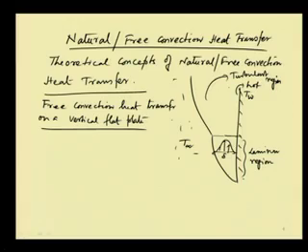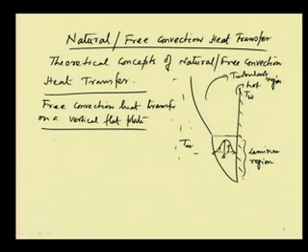Now, to start with, we will consider any particular region in the laminar flow region. If we consider a differential element and then consider the heat transfer problem there, for a control volume, this control volume may be dx dy into 1.